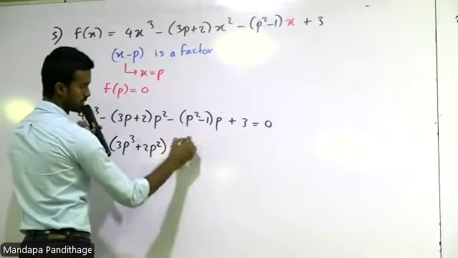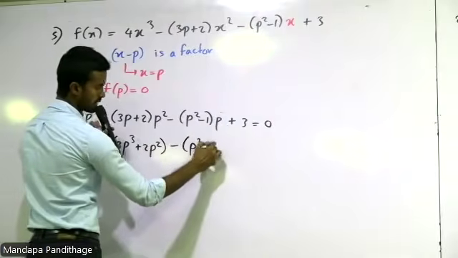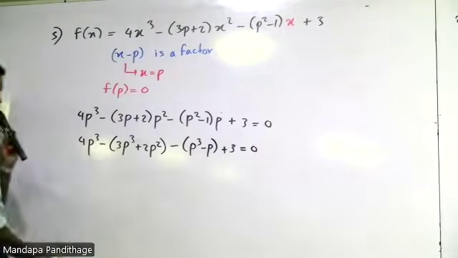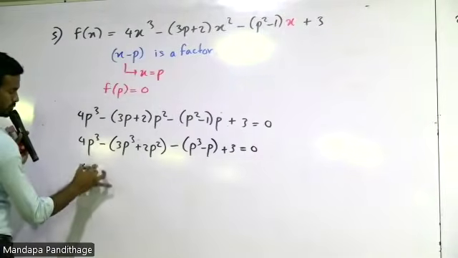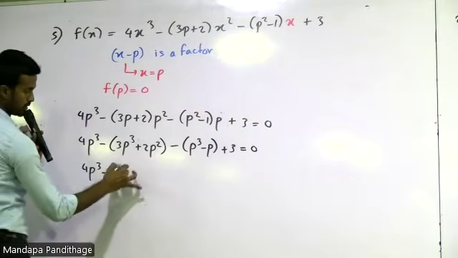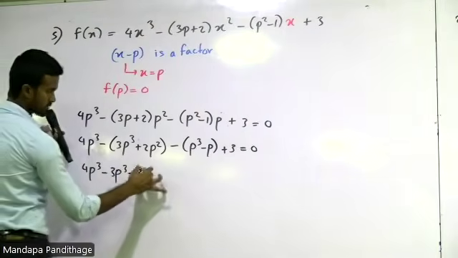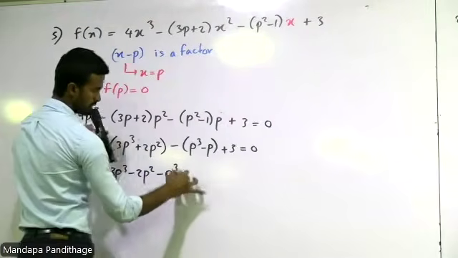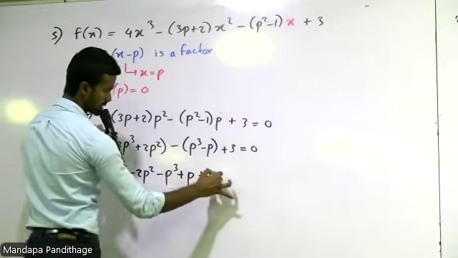Minus, when you multiply by this p, it's p cubed minus p plus 3 is equal to 0. Now when you simplify it, 4p cubed minus 3p cubed minus 2p squared minus p cubed plus p plus 3 is equal to 0.